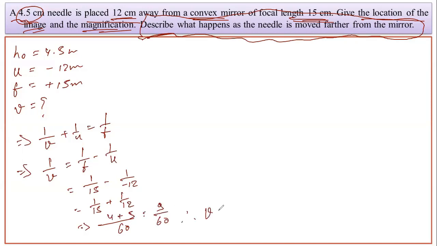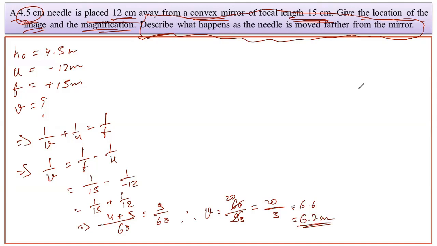Therefore, v is equal to 60 upon 9. Now you can cancel this, with 3 you can cancel 3 times and then 20 times. So it is 20 upon 3. So it is going to be 6.66. You can take it as a rounded value of 6.7 centimeter.